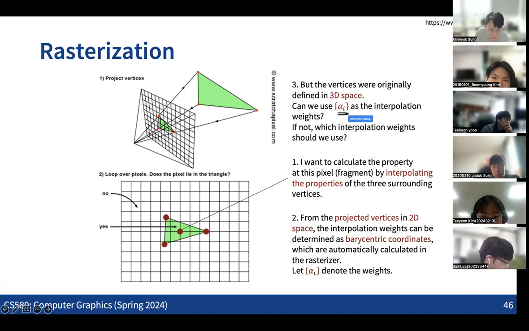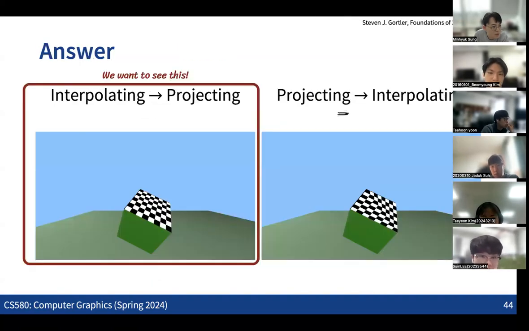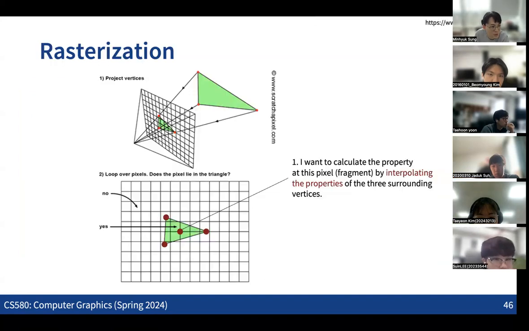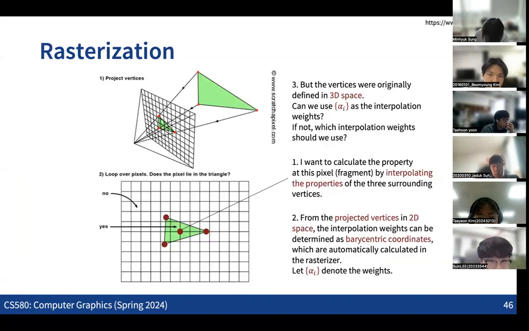If we want to match the results of the interpolation with the output of this, so if we want to get these results on the left-hand side, then instead of alpha here, what should be the new interpolation weights that we should use?